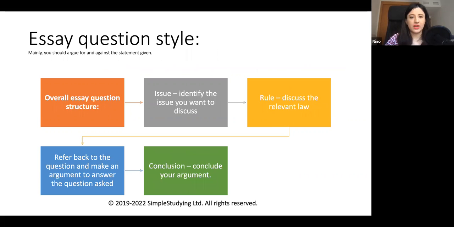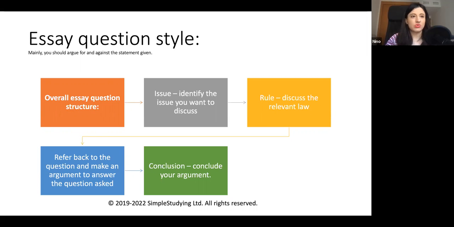Essay question style is similar, but a little bit different. Here, instead of applying it to the facts of the case, you have to refer back to the question and make an argument. So whatever the essay question is, you discuss the relevant law, and then you refer back to the question and make an argument about the essay.